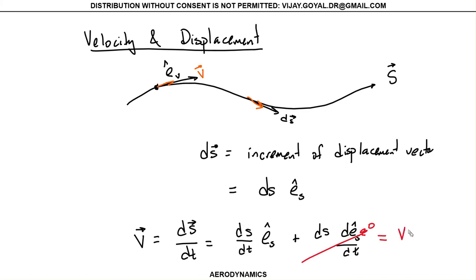So this is the velocity, and note that your velocity has to be in terms of v. In other words, this is the same thing as ds/dt times e_v. That's your velocity.